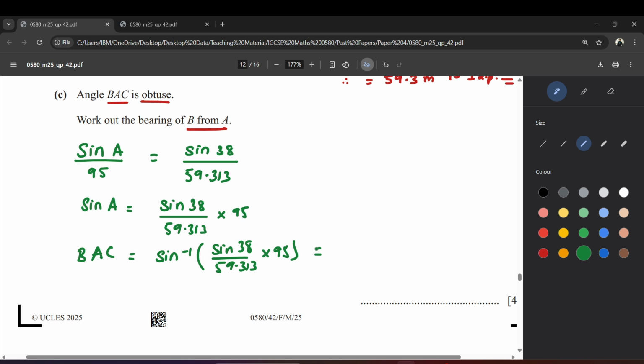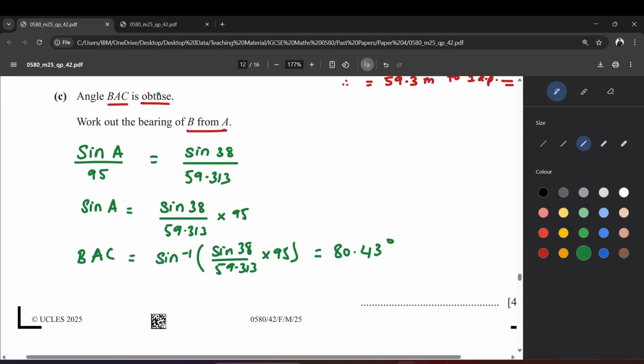Because I have shown some intermediate working, now I can directly find my answer. So sine inverse, you have sine 38 divided by 59.313 multiplied by 95. So that gives us 80.43 degrees. Now remember, it says that angle BAC is obtuse, right?